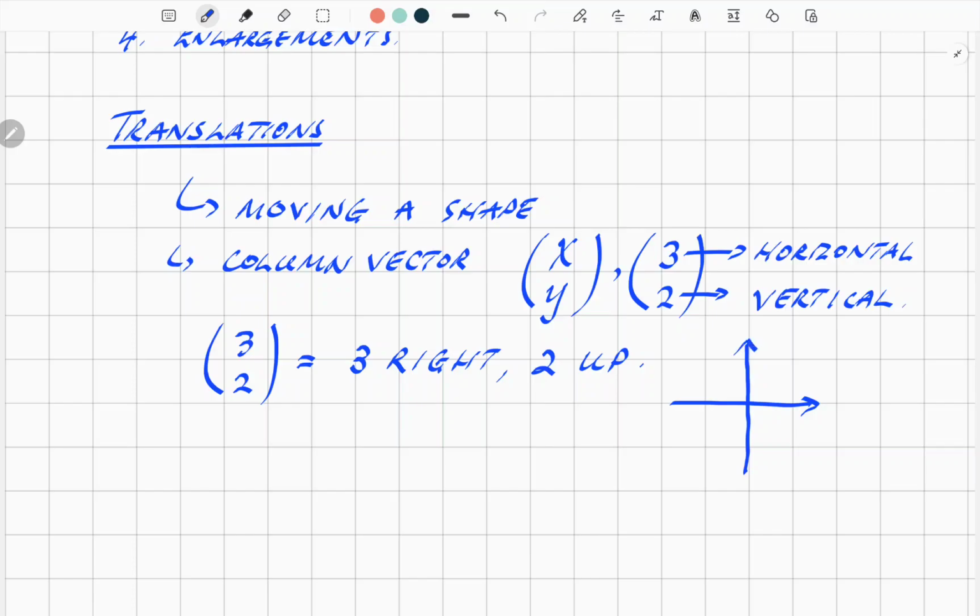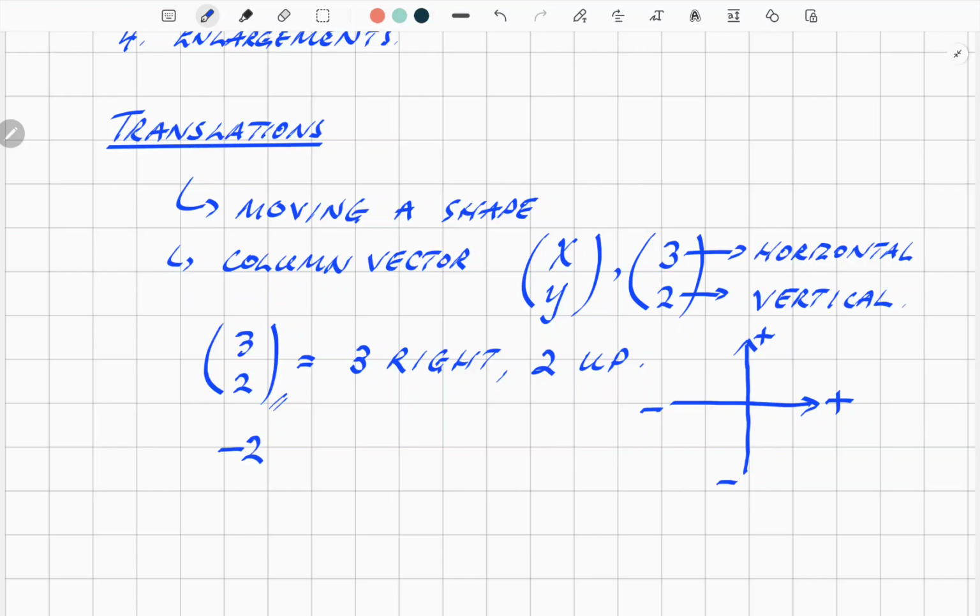So remember that right is plus on the x-axis, similarly up is positive on the y-axis, and left is minus on the x-axis, and down is minus on the y-axis. Okay, so if these numbers are positive, like the ones we have here, then they're going to be in the positive directions.